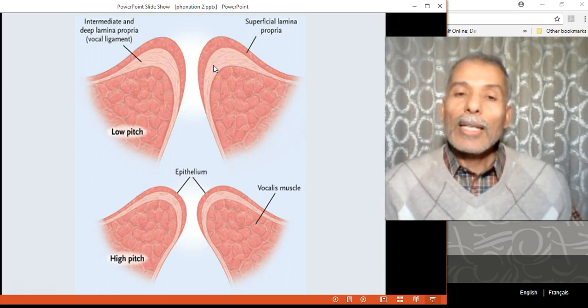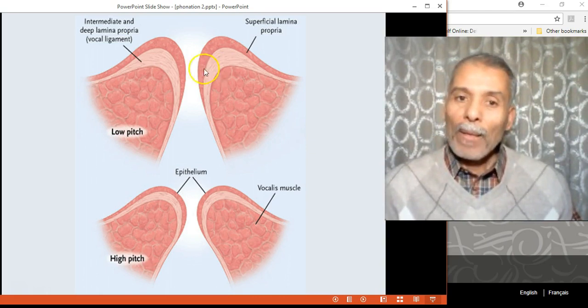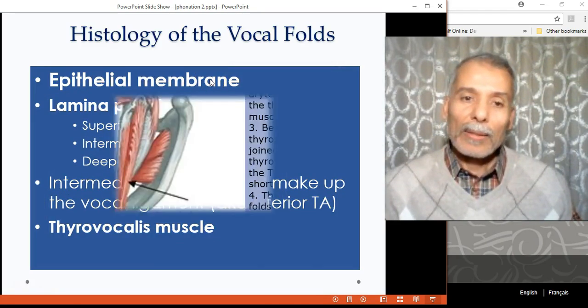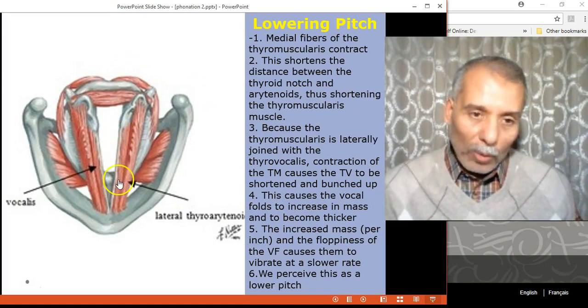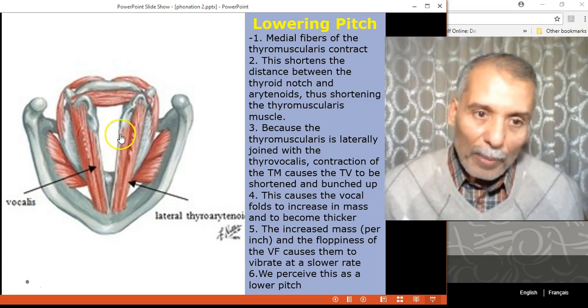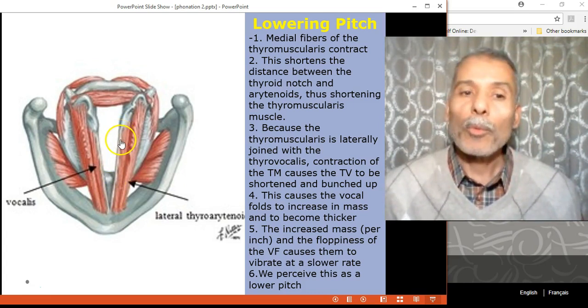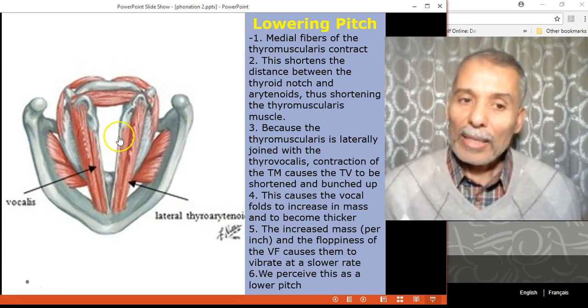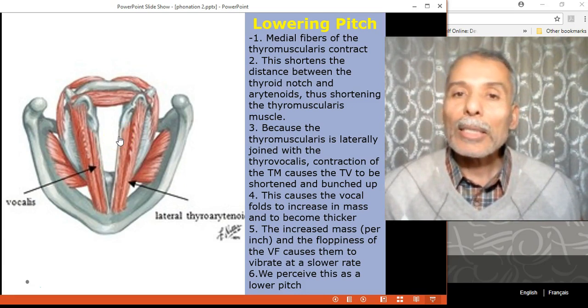The intermediate and the deep layers of the lamina propria make that whitish line, can you see it here? That is the combination of the intermediate lamina propria and the deep lamina propria. That is the vocal ligament.